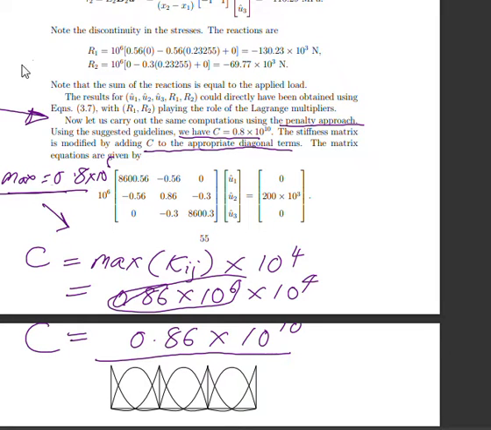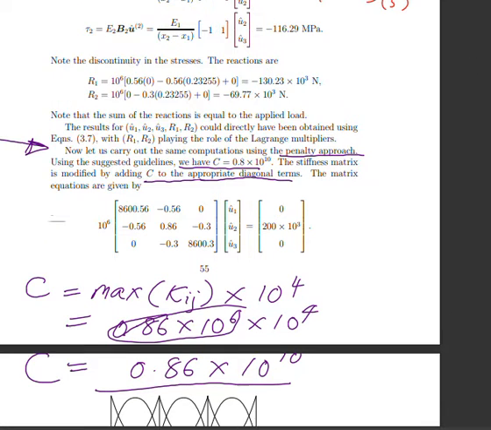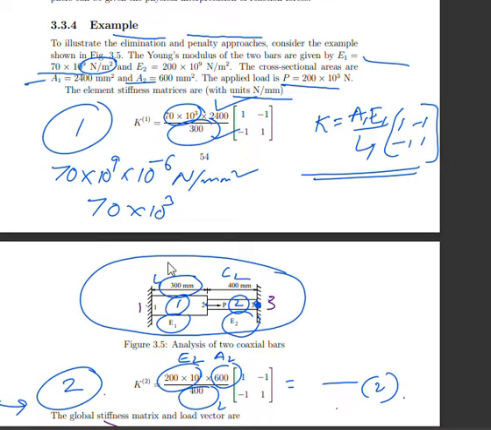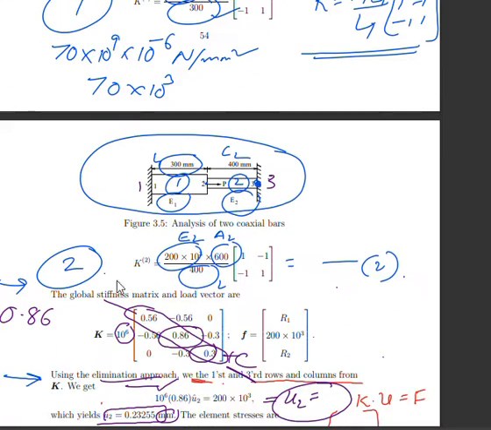Now this c should be added in the first and last column. Whatever the values, plus c, you have to add with the previous global stiffness matrix. Here it is 0.3 plus c, first row first column, and 0.56 plus c.